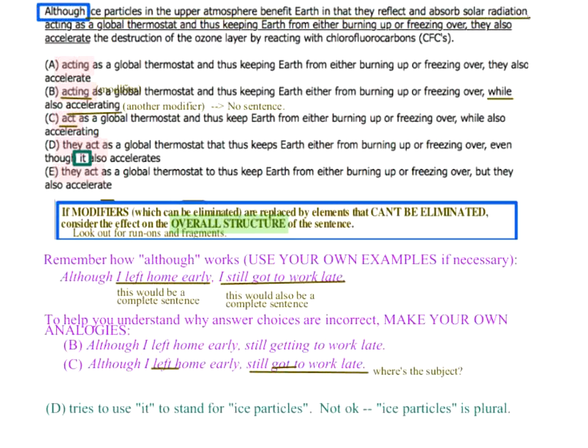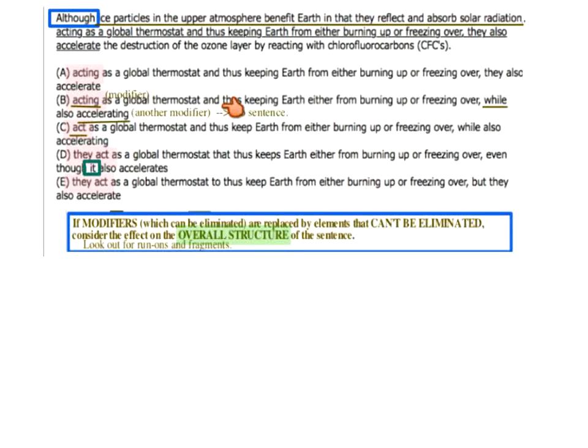Because you're definitely not going to be examining the complete structure of every single sentence that you ever see. If you do, then there's going to be a lot of time wastage there. But if you understand why B and C are not sentences, then you're good.